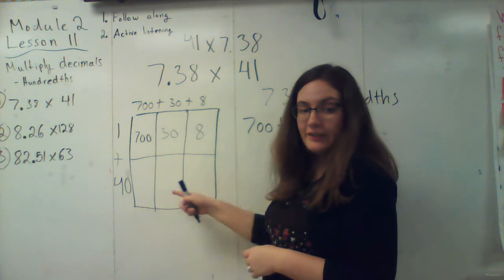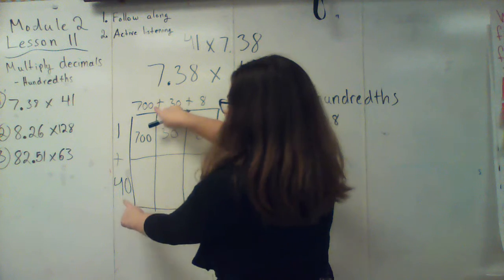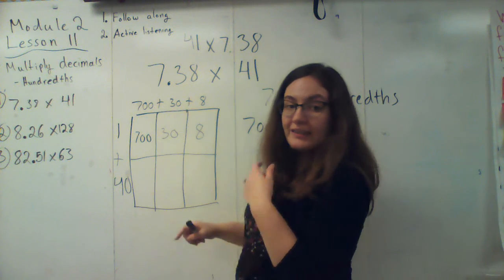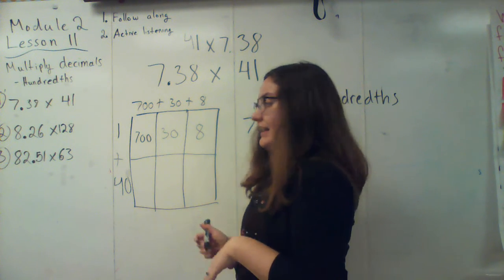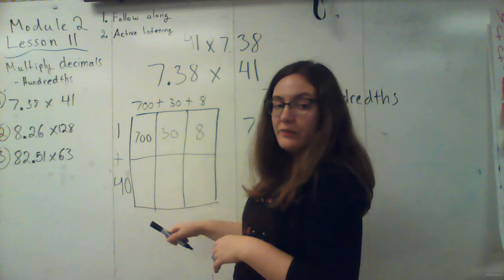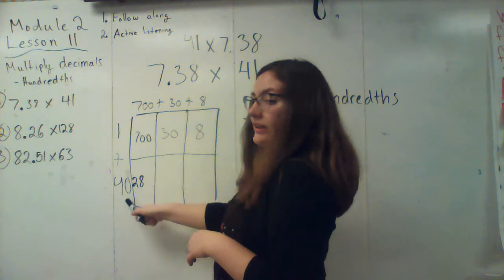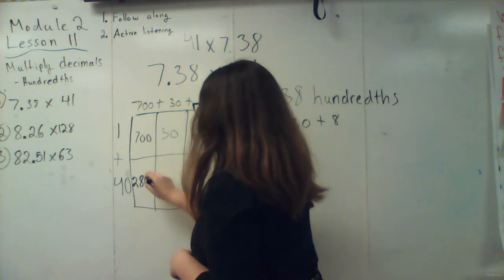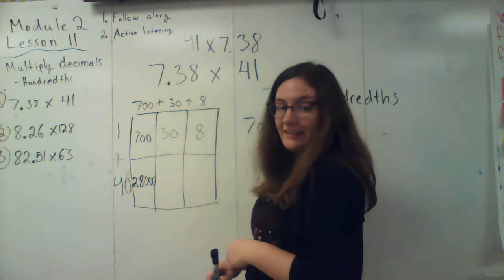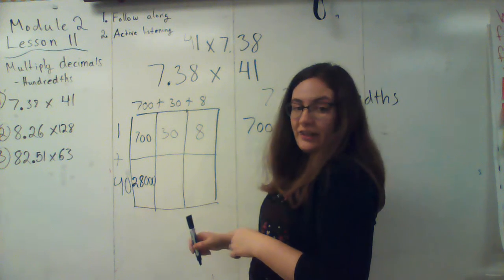Now I need to multiply for this row down here. So I do 700 times 40. Remember, I can think of that as 7 times 4 and then add my zeros. So 7 times 4 is 28 with 1, 2, 3 zeros added. So we should have 28,000 right here.